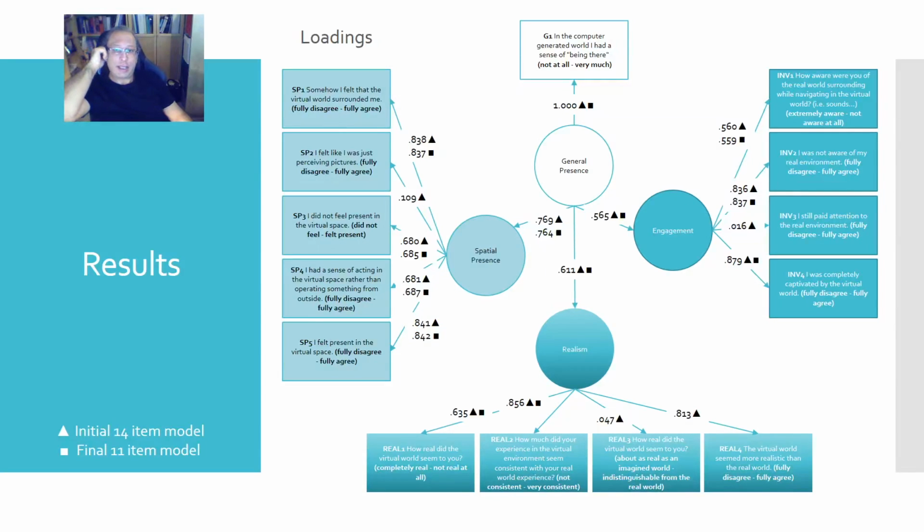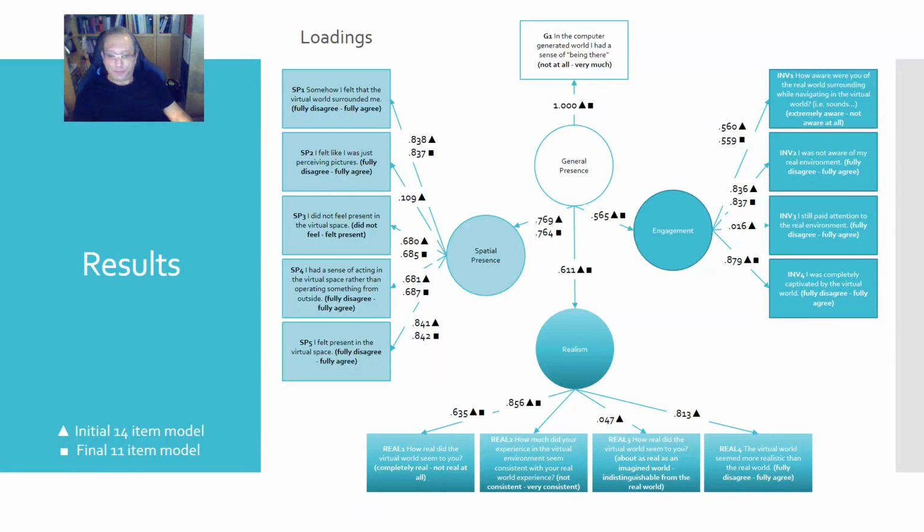There was just a slight change, a little bit of improvement or a little bit of decrease, and the loading of the general presence, the measurements of the general presence and its relationship with the spatial presence, realism, and engagement also did not change a lot. There is just a small difference for the spatial presence.